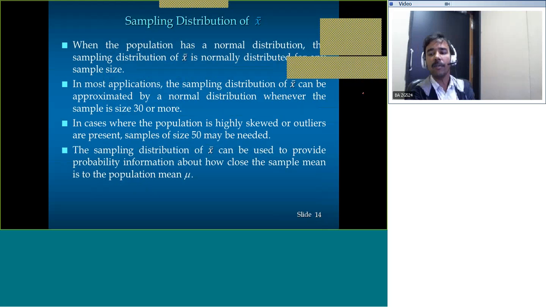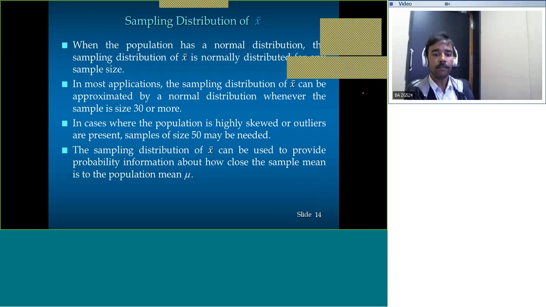Now we will talk about the probability distribution of the sampling distribution of x bar. There is an interesting observation: if the population follows a normal distribution, then the sampling distribution of the random variable x bar also follows a normal distribution.